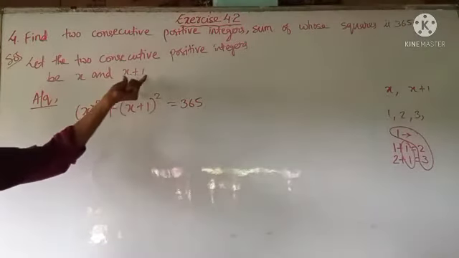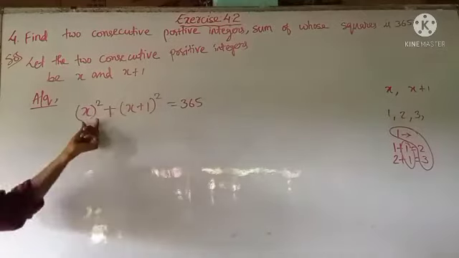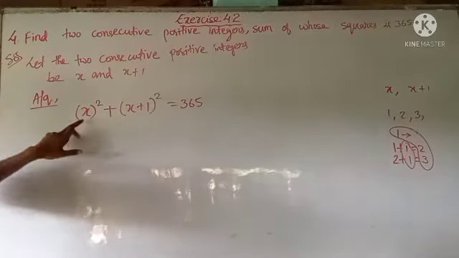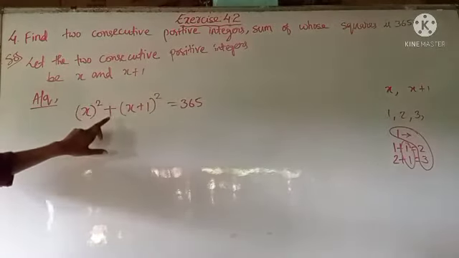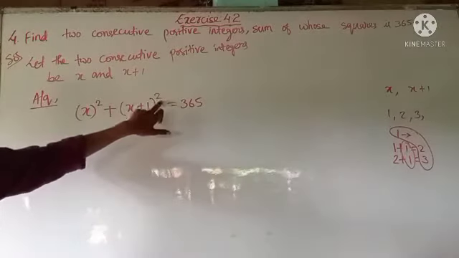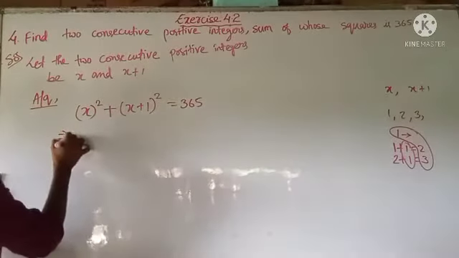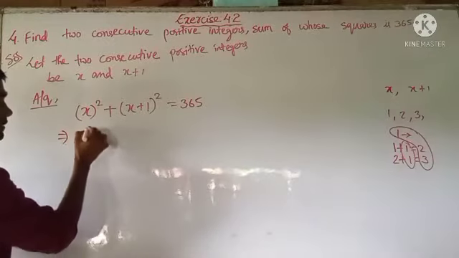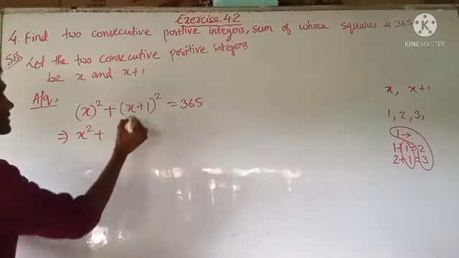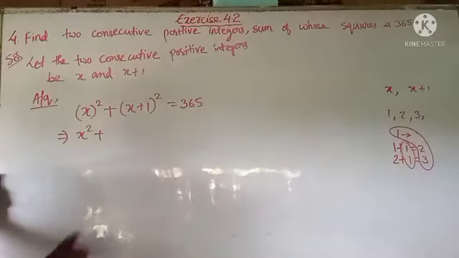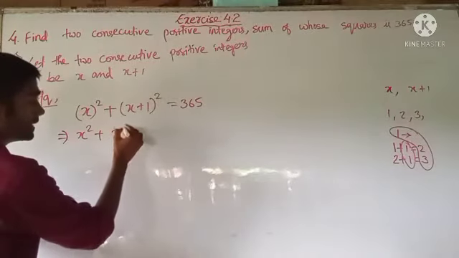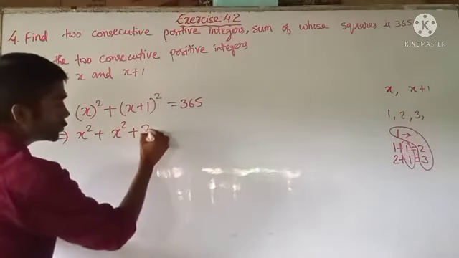x is the first number and the other number is x plus 1. Sum of the squares of those numbers. So we have done the square of the first number plus the square of the second number also. Now x into x will get here x square, plus this is in the form of a plus b whole square.